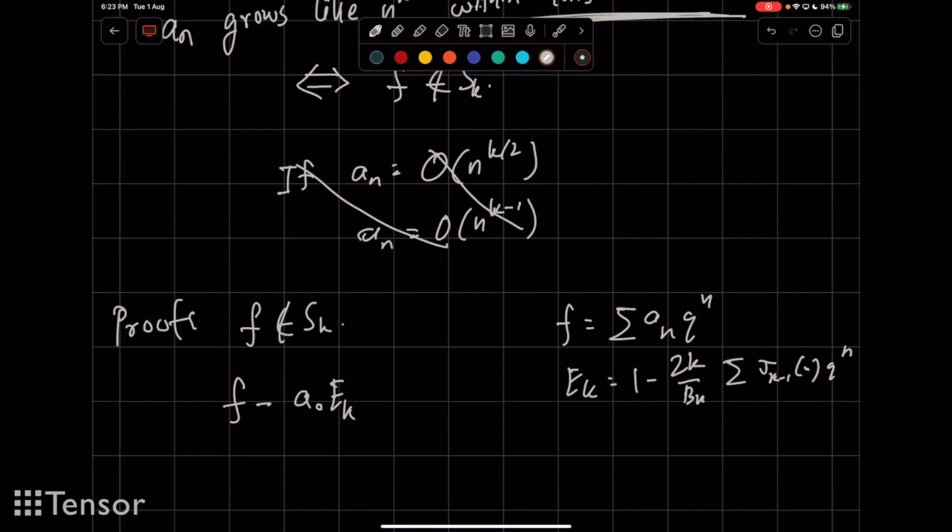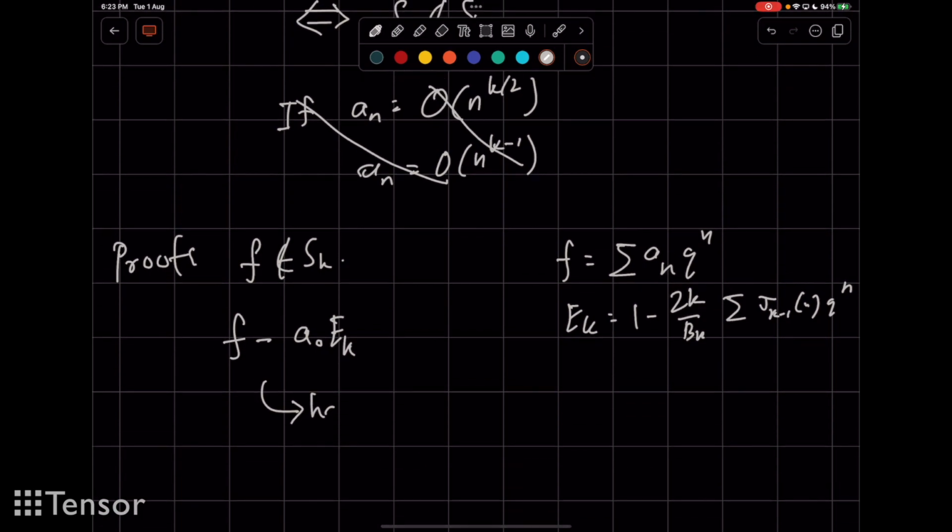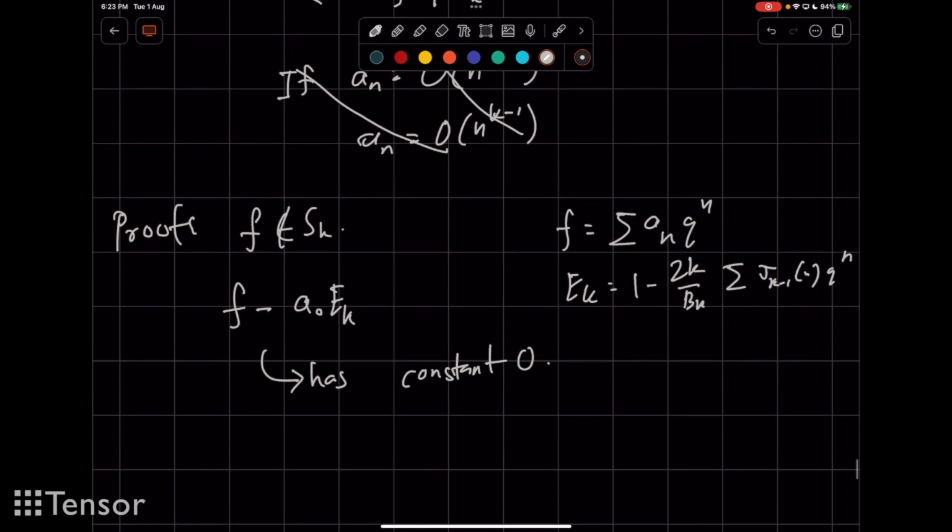So the constant term of E_k is 1. So this one has constant term 0. So it's a cusp form, right? So let's say this is the cusp form, and therefore its q-expansion goes like this, equal to the sum of b_n q to the n, where now the sum starts from 1.